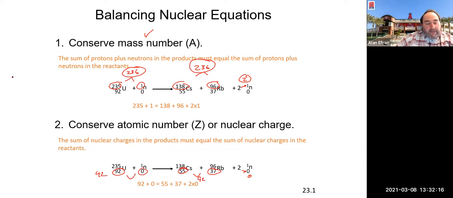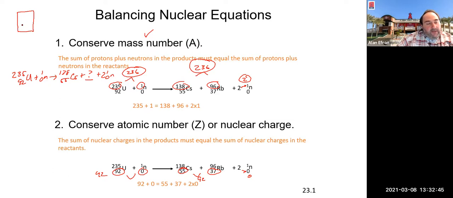For example, if we took this one here, uranium 235, 92 plus our neutron, and we go to 138, 55 cesium, and maybe you're not sure what that one is, but they tell you that you have 2 neutrons. The approach you would want to take in this case is, as we were just talking about, we have 2 numbers: the mass number and the atomic number.